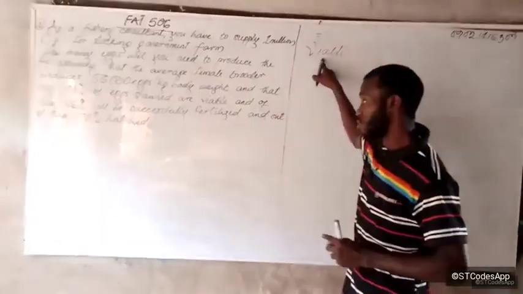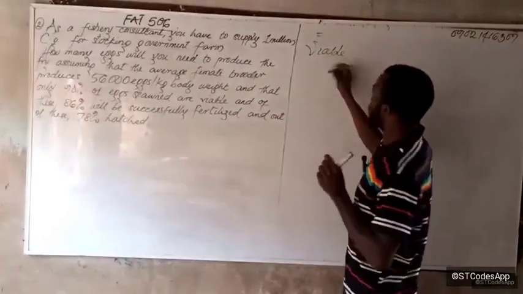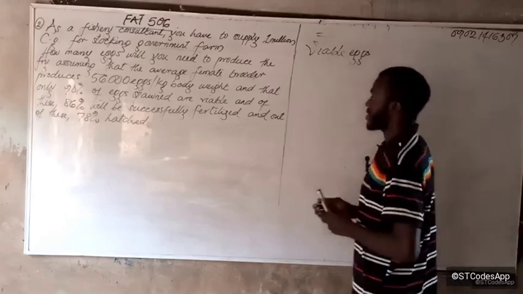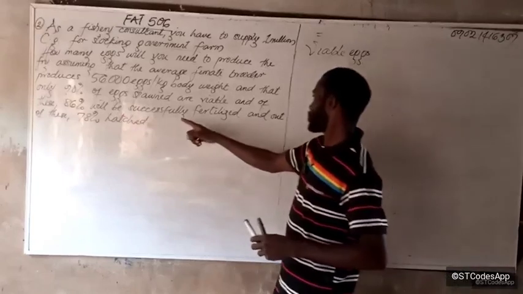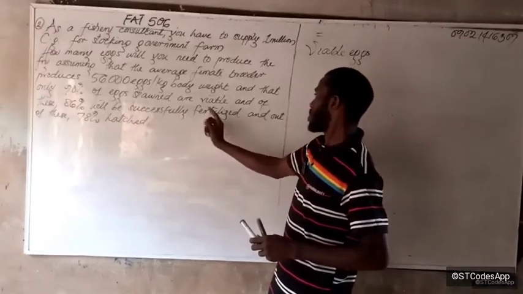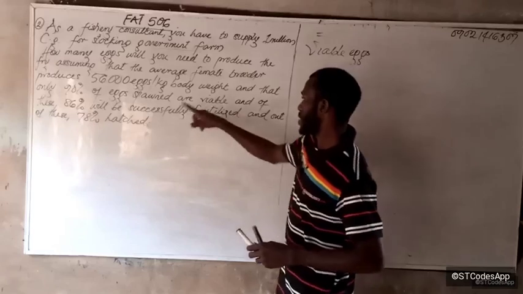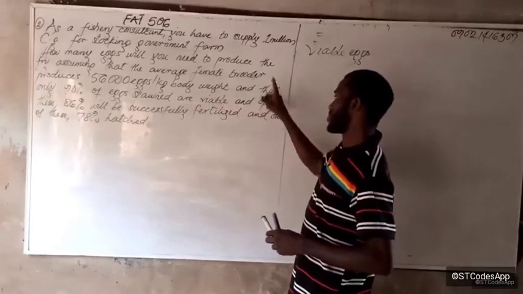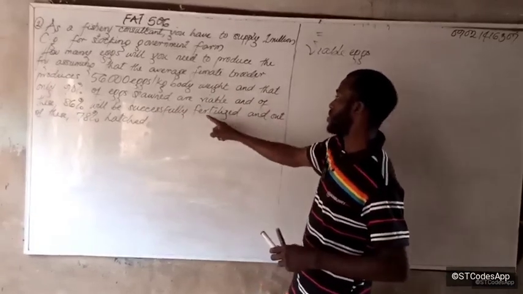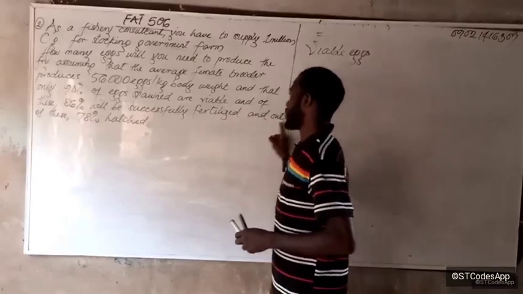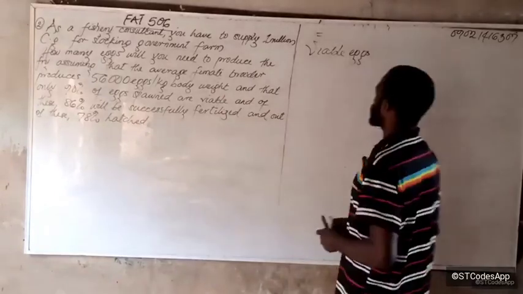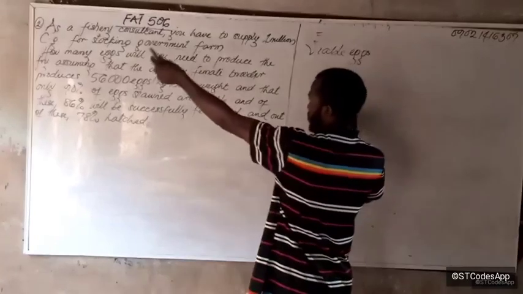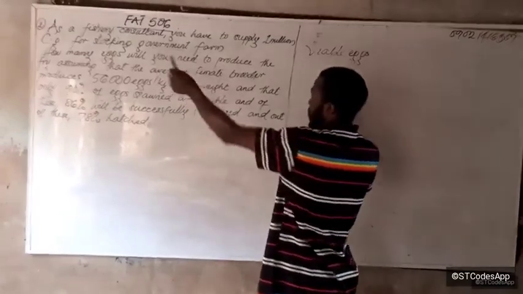So those eggs are the ones that are viable, the fertilized eggs. 90% of the eggs spawned are viable, and of these viable eggs, 86% will be successfully fertilized, and out of these, 78% hatched. Okay, so out of how many eggs hatched, the 78% hatched to give 1 million fry.